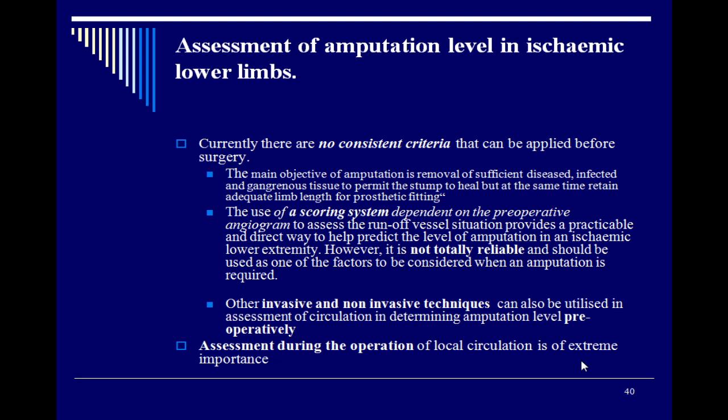Other invasive and non-invasive techniques can also be utilized in the assessment of circulation in determining amputation level preoperatively. Assessment during the operation of local circulation is of extreme importance.